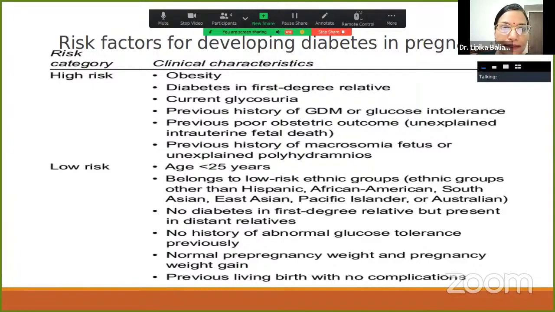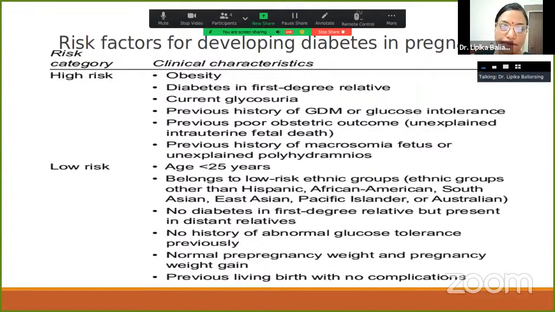The clinical characteristics we have to look for are patients who are obese, a history of diabetes in a first degree relative, and current glycosuria. Usually all pregnant patients are accompanied by urine routine microscopic reports, so we can check for the presence of glycosuria. Also a previous history of GDM or glucose intolerance in previous pregnancies, and previous poor obstetric outcome.